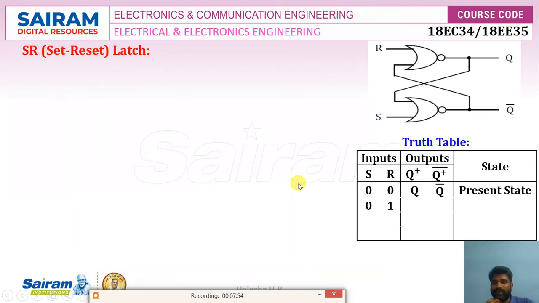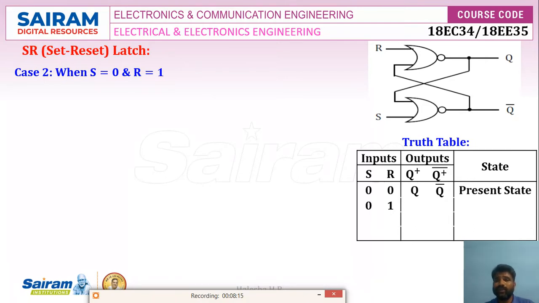Next, we'll verify for S is equal to 0 and R is equal to 1. Here R is equal to 1, which is connected to the upper NOR gate. So there is no need to assume or think about the present state.